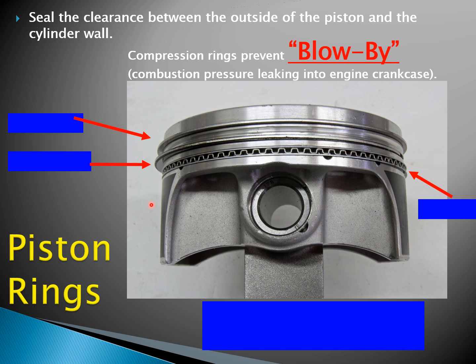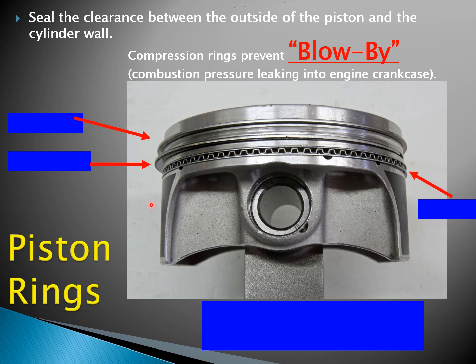Remember when we were talking about the four-stroke cycle in the last video, and I said that during the compression stroke and the power stroke, both valves are closed because we want a sealed combustion chamber. When we have worn compression rings on a piston, we can often have what's referred to as blow-by.